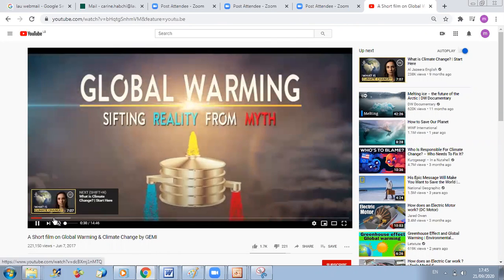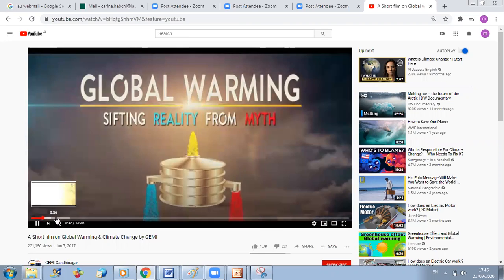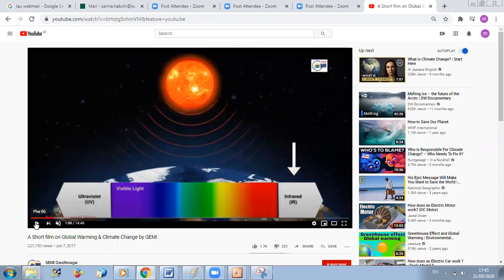So if we see the spectrum of the sun, this is the spectrum of light delivered by the sun. And this energy delivered by the sun is transmitted through these waves. And we have a high range of wavelengths from nearly 100 nanometers to 1 millimeter.